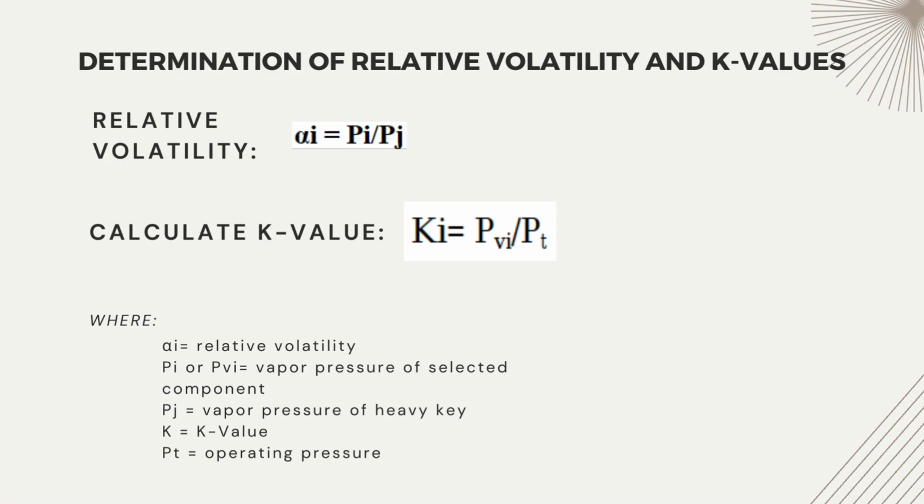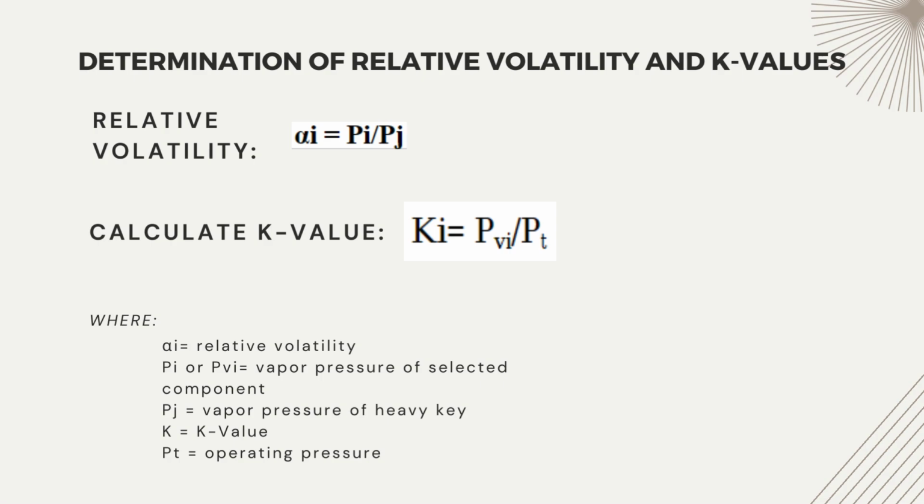The distribution coefficients and relative volatilities listed in Table 3 can be calculated using specific equations. The relative volatility of component i is determined by dividing its vapor pressure by the vapor pressure of the heavy key component. This equation helps in understanding the ease with which a component can be separated from others during distillation.